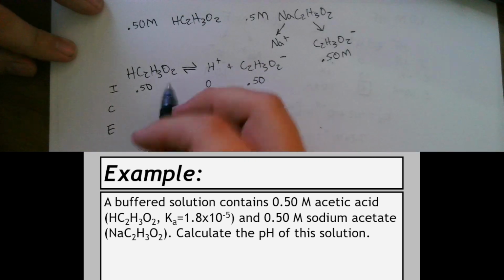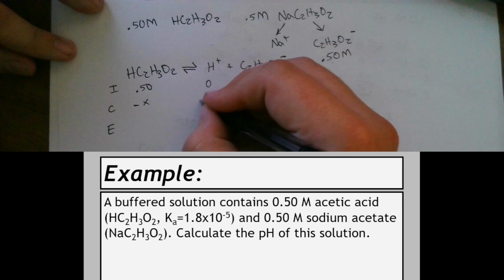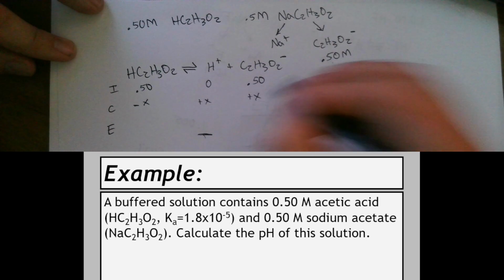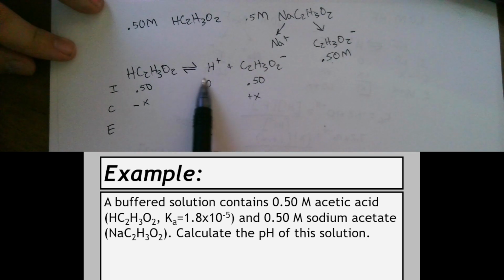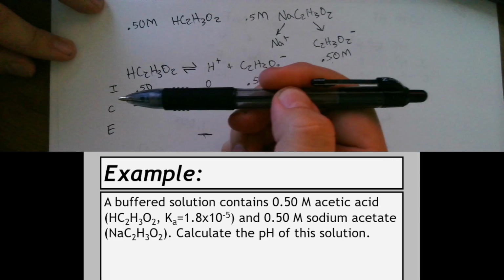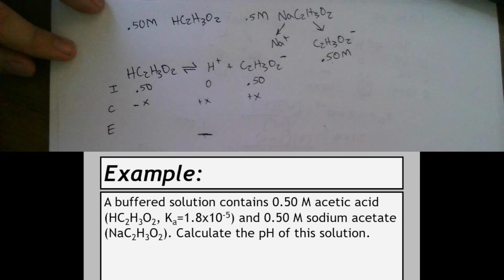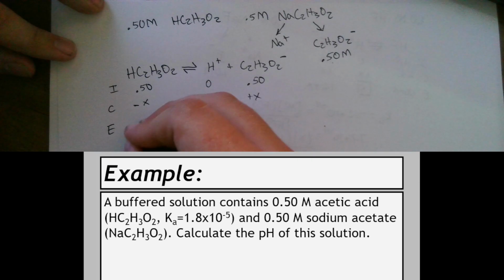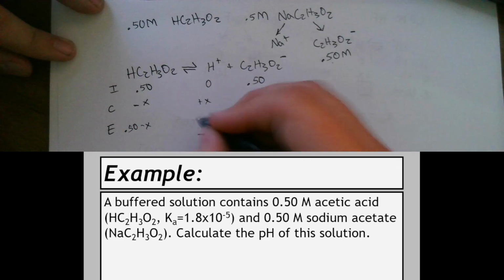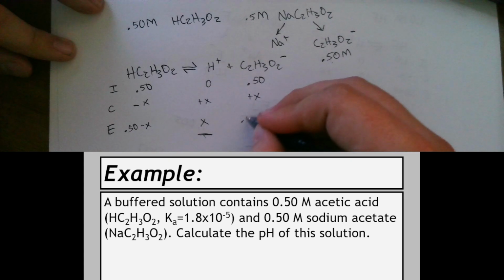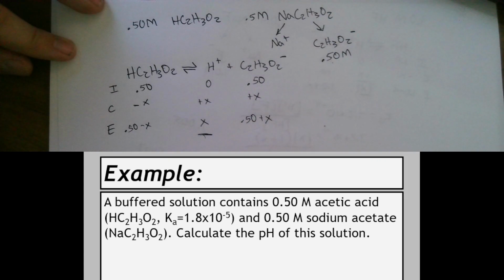So just like last time, I'm going to subtract X from this side and add X to this side. This side is where I have to add because I have 0 H plus to start. So this reaction is going to proceed to the right. I'm going to subtract my X, and pull down X, 0.50 plus X. Those are my equilibrium concentrations.